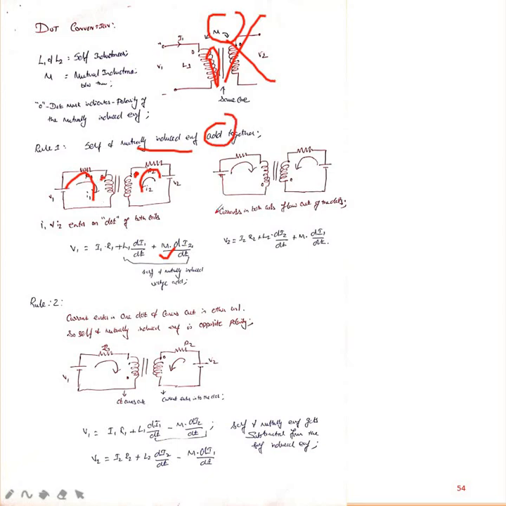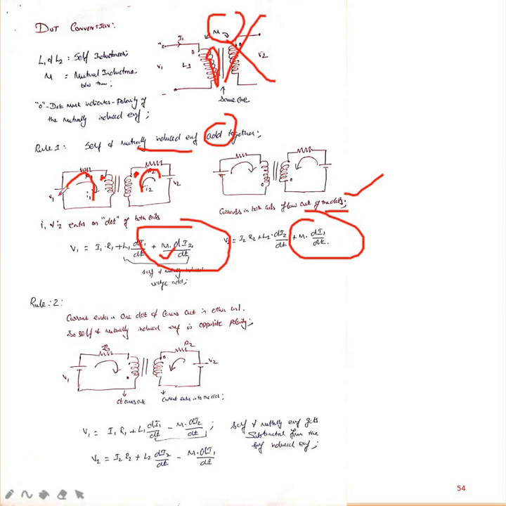Or if the current flows out of the dots in both coils, that is also adding. Have I added plus M? Yes, I have added the mutual inductance with a plus.